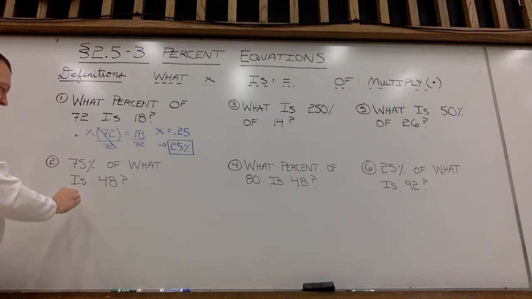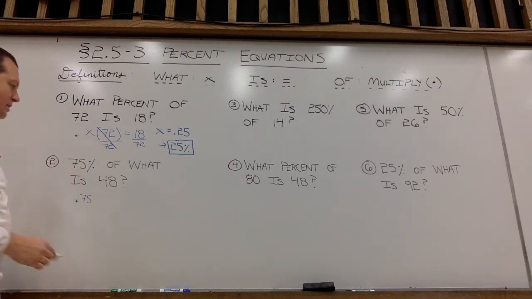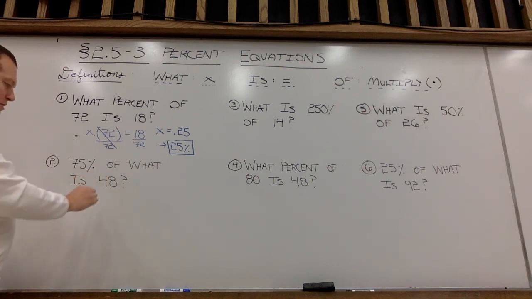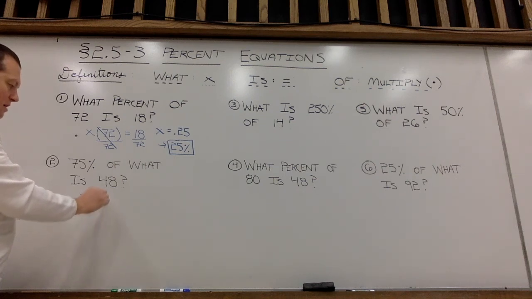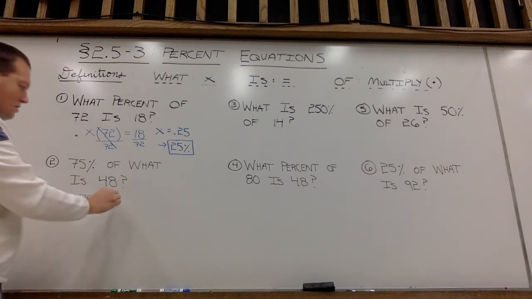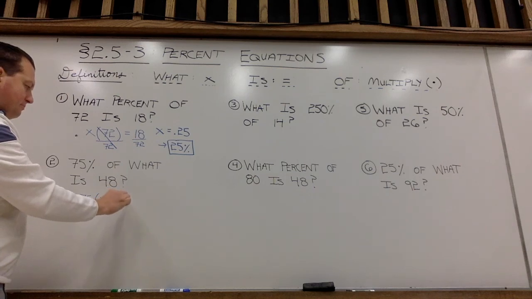Again, to make a percent a usable number, I turn it into a decimal, moving the decimal point 2 to the left, so 75 becomes 0.75. Then I see the word of, which means to multiply. So 0.75 times what, if I don't know what something is, I call it X, is equals 48.